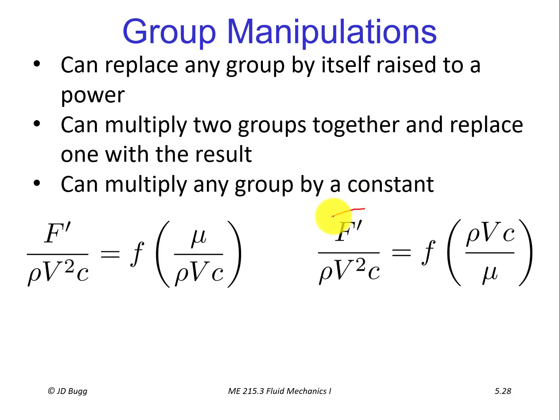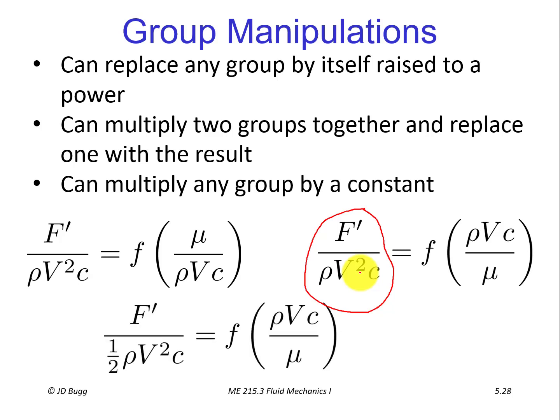The second group manipulation that we're going to do involves this dimensionless force on the left-hand side. This dimensionless force has a name in aerodynamics. It's called a drag coefficient. Except the way it's written here is not quite the same as the way a drag coefficient is defined in aerodynamics. What we need to do to convert this into a drag coefficient is multiply the denominator here by 1/2.